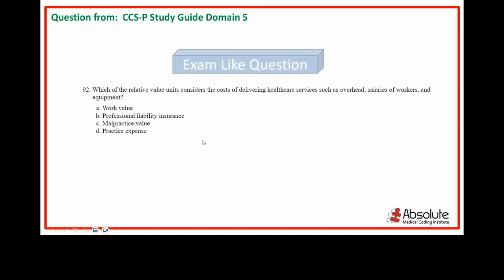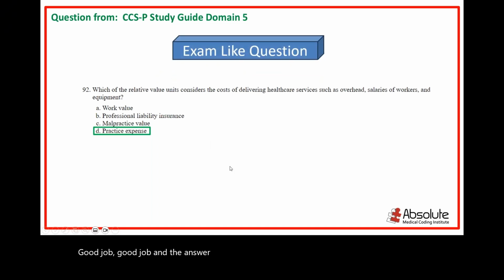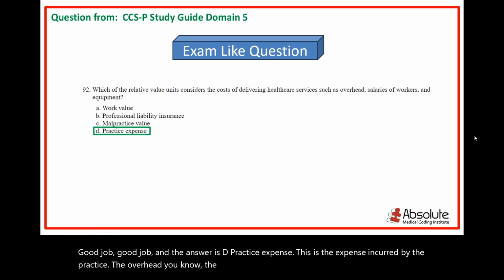Good job, good job. And the answer is D, practice expense. This is the expense incurred by the practice, the overhead, the rent, the salaries of the workers, and the equipment.